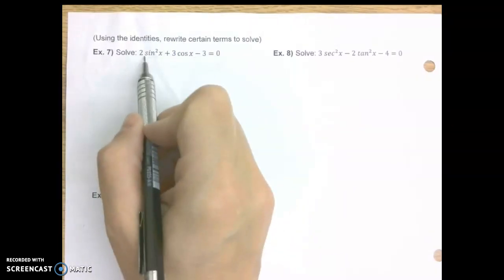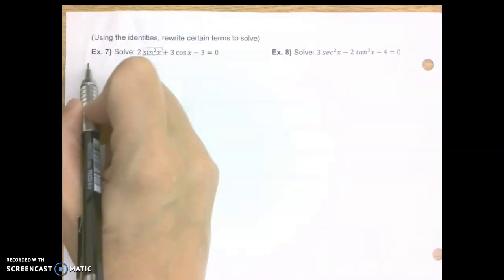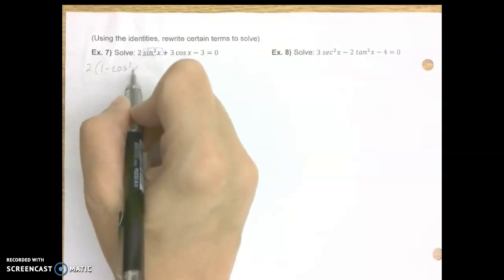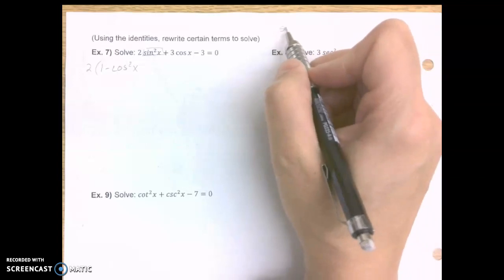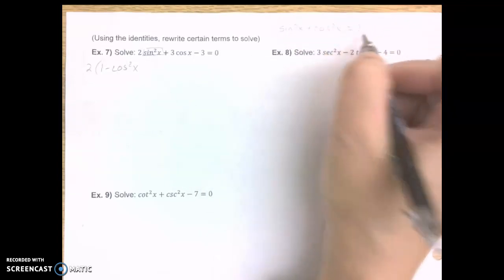Notice these are not the same like terms, so I'm going to take sine squared x and substitute 1 minus cosine squared x. This comes from sine squared x plus cosine squared x is equal to 1.